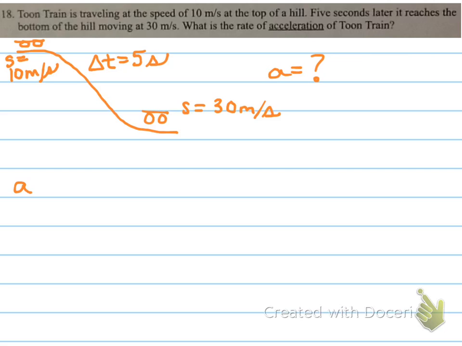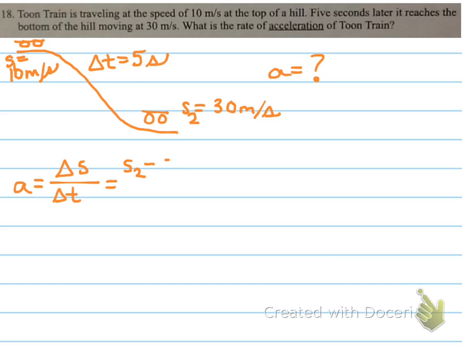So remember, our equation for acceleration is our change in speed or velocity. Here it's kind of a straight line, so we can say it's speed over our change in time. So our change in speed, this would be kind of our second speed, this would be kind of our first speed.